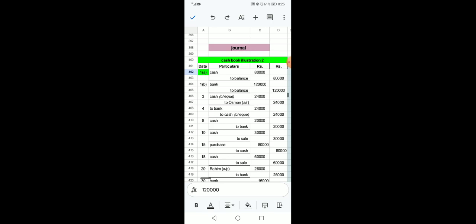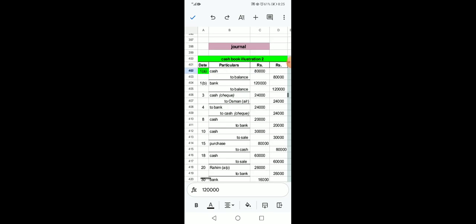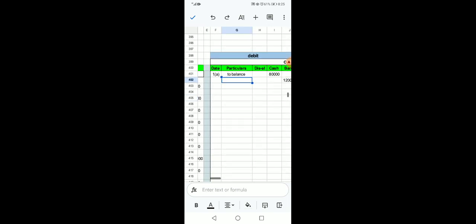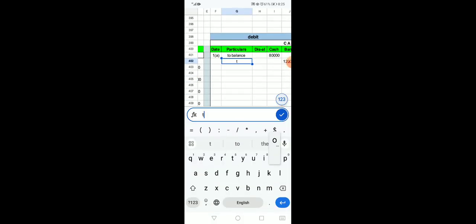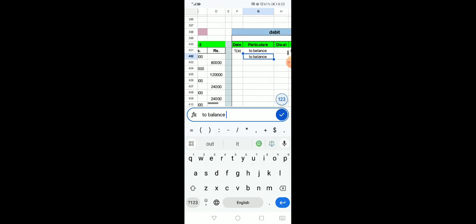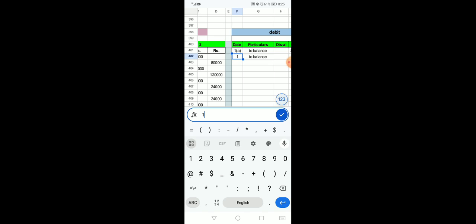If cash is debit, do debit. If bank is debit, do debit, and vice versa. Now you have put 120,000 on the debit side of the bank. Now you will see the reference is to balance, so you will put to balance in the particulars column. And now see the date, which is 1B, so you will put 1B over here.